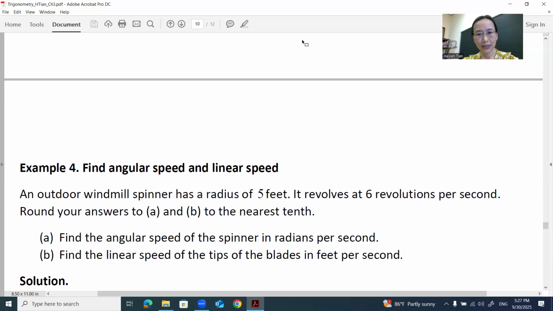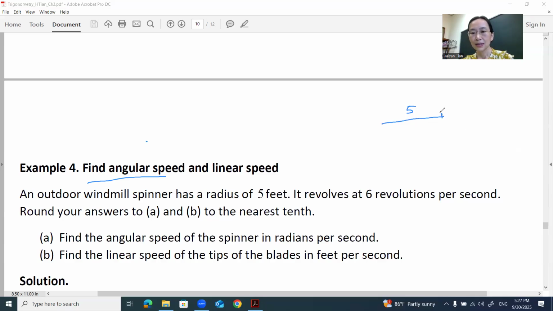And let's try another one. So in this problem, you want to find angular speed. There is an outdoor windmill spinner that has a radius of 5 feet. So 5 feet is the radius. Let's draw this 5 feet, and it revolves at 6 revolutions per second. 6 revolutions.